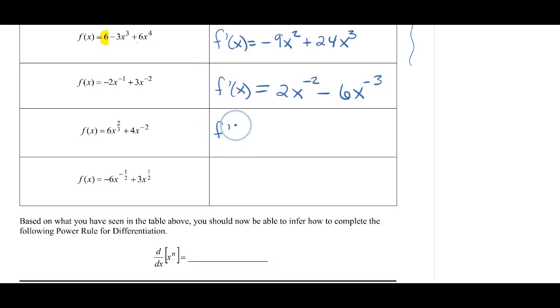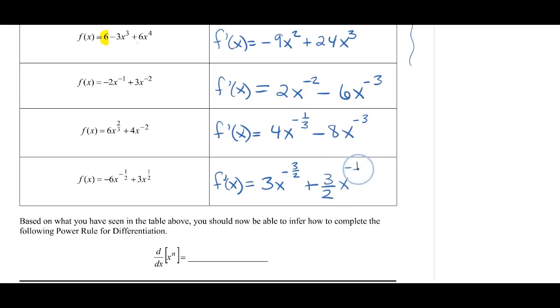For this function, the derivative is 4x to the negative 1/3 minus 8x to the negative 3. And my last function, the derivative is positive 3x to the negative 3/2 plus 3/2 x to the negative 1/2.